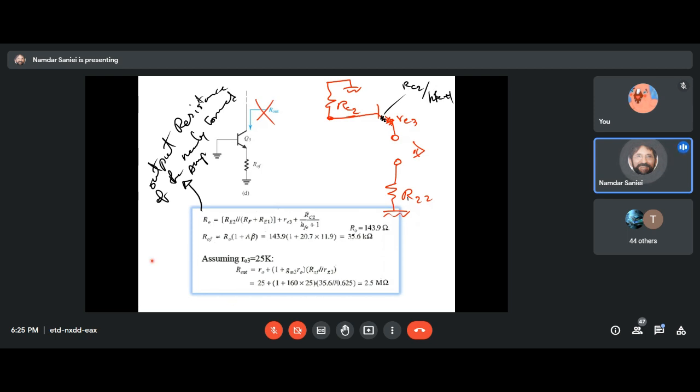Whenever we have little RO in parallel with normal collector resistances, we say that it is too big and the net resistance connected to the collector is the RC. Okay, now this is huge. So definitely the output resistance of the circuit is that RC3.